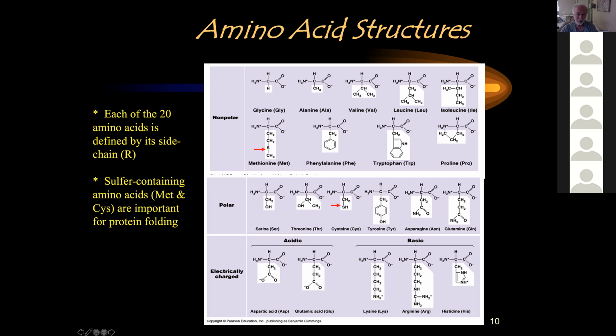So in order for them to fold properly, most of them need sulfur bonding. And they get that from the fact that methionine and cysteine, 2 amino acids, each has a sulfur atom in it.